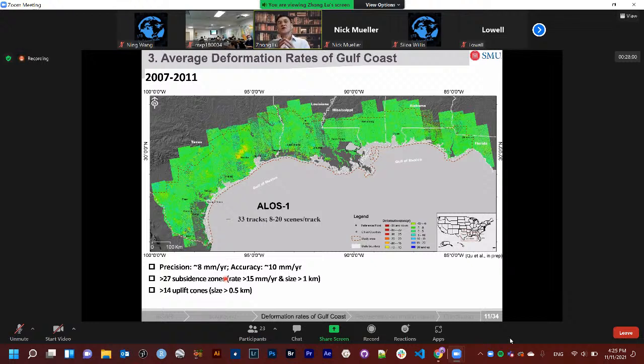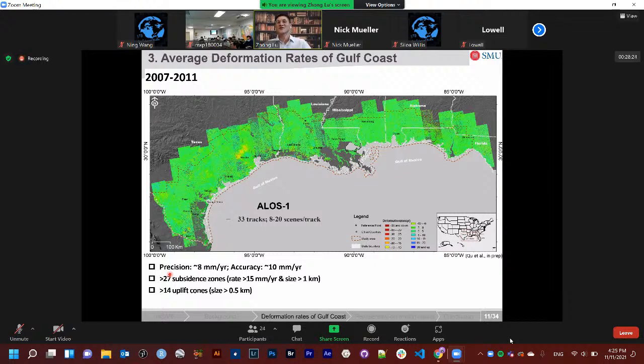If we look at the deformation features, and use a threshold of about 50 millimeters per year and a feature size of about 1 kilometer, we can identify more than 27 subsidence points. Of course, Dr. Fei Chu keeps discovering more and increasing this number, so I don't trust this number.